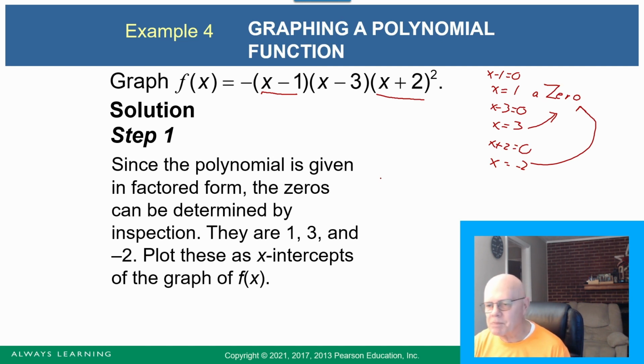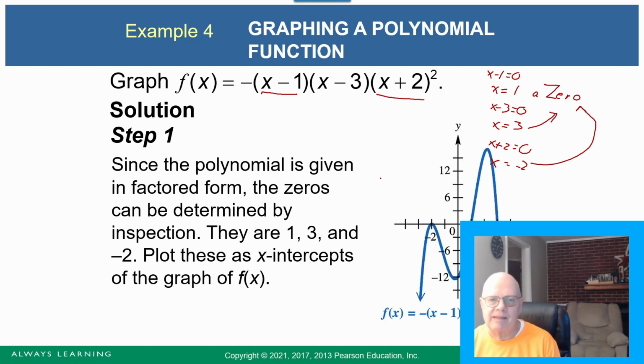Plot the x-intercepts. That should be easy. We get the points, which this, and this gave us. There's one, there's another one, and another one.